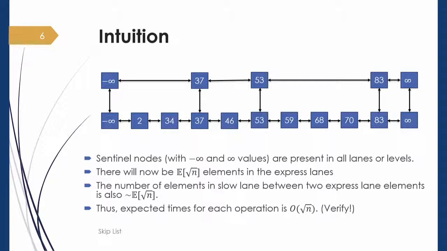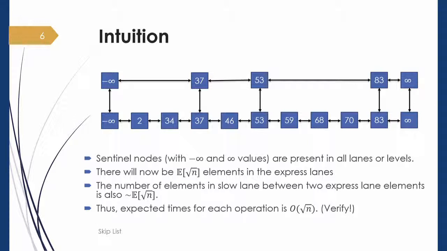Here is an illustration of an intermediate step towards the skip list, which illustrates this analogy. The lower level, the linked list level, corresponds to the slow lane, and then we augment the linked list with an extra lane, an express lane.